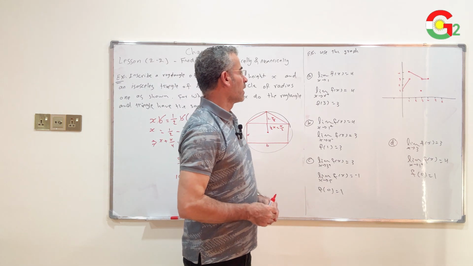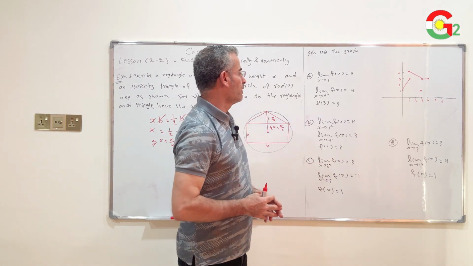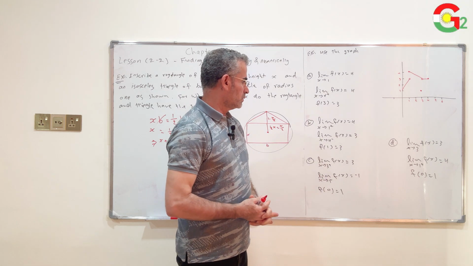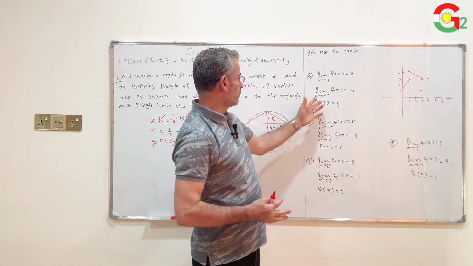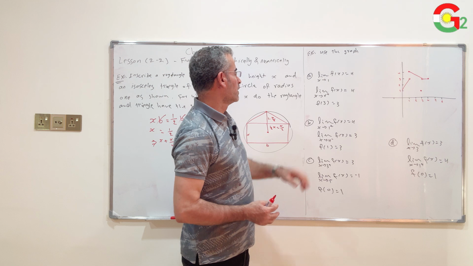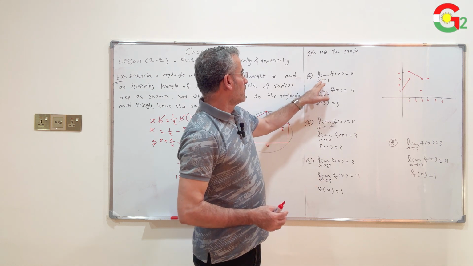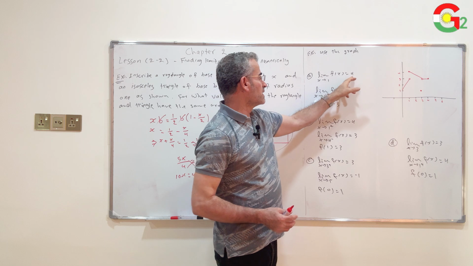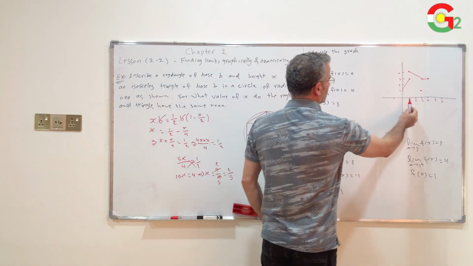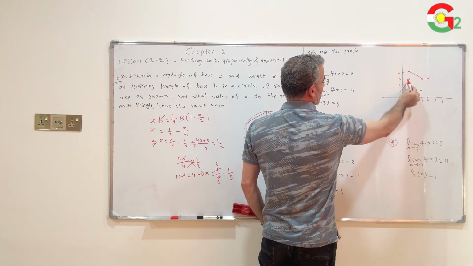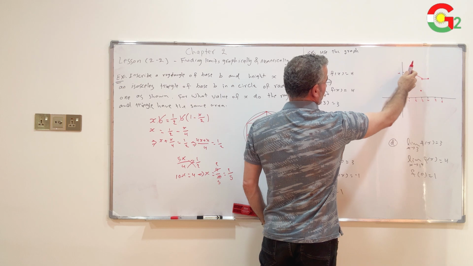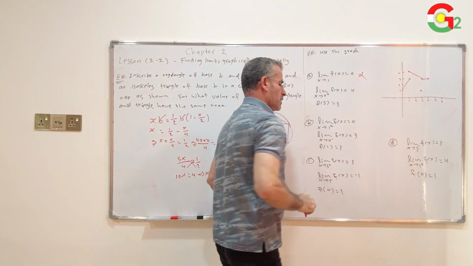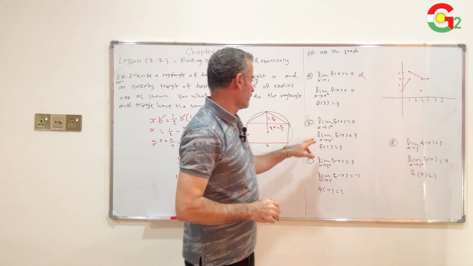Example, use the graph on the left, or on the right, to find the right choice. A. The limit of f of x when x approaches 1 is 4. This is 1. And the limit from the right is 4, from the left is 3. Then this statement is wrong.